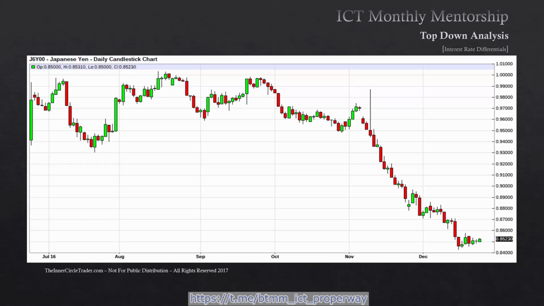So we're going to talk more about differentials, and we're actually going to start talking about yield spreads also when we get into swing trading. There's other information we're going to talk about with interest rate differentials and yield spreads. But for now, go through your charts and look at the interest rate differentials between all the weaker and higher yielding currencies on the central bank level, and look back over the last 6 months and see what pairs you see.